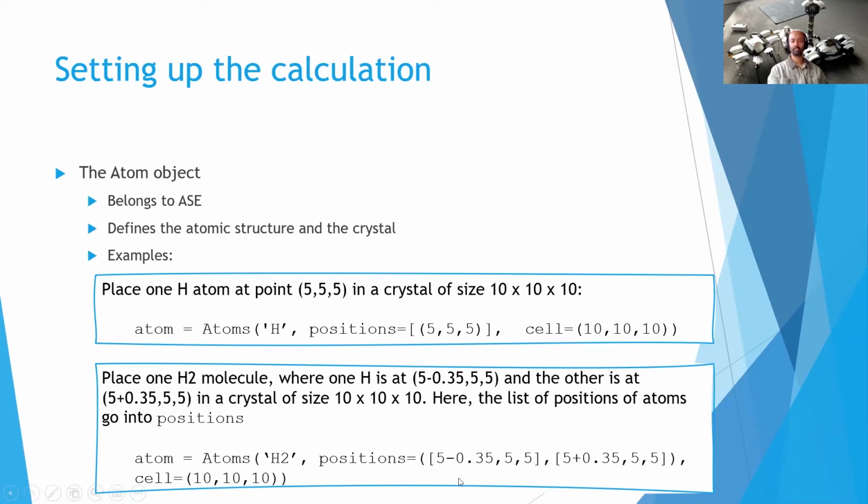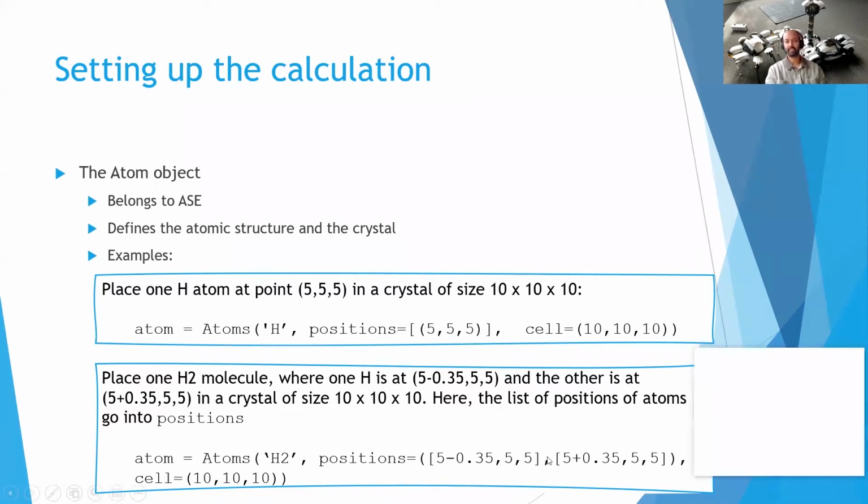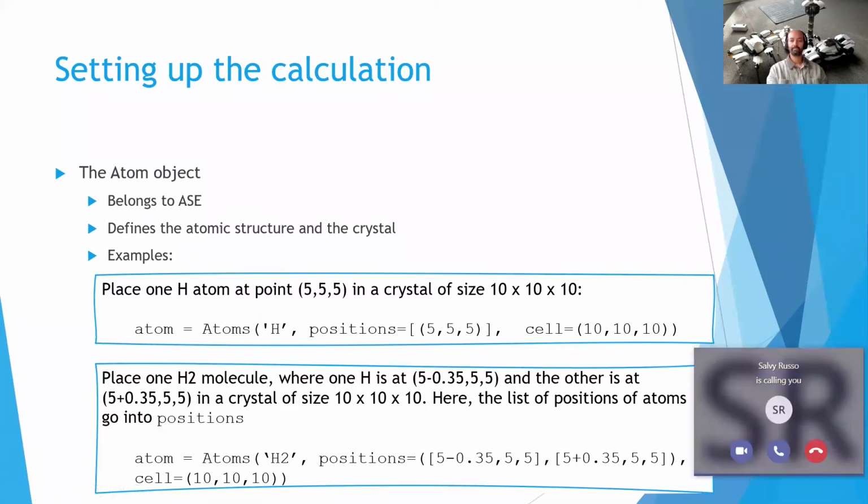So here is one list of numbers and here is another list of numbers. You can also notice that it's pretty flexible in terms of whether you use tuples or lists. Here I'm using a list of tuples, here I'm using a tuple of lists. It doesn't really make a difference. So the other thing is we need cell equals 10, 10, 10, and that's the supercell size.